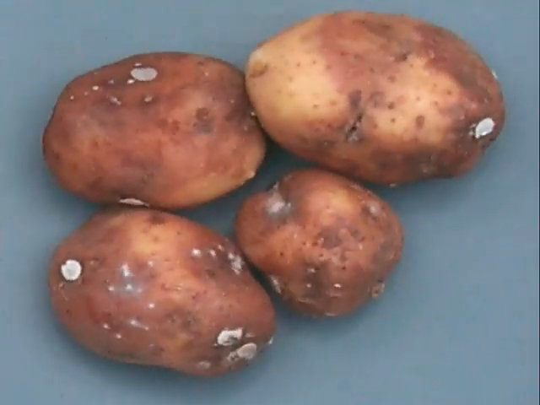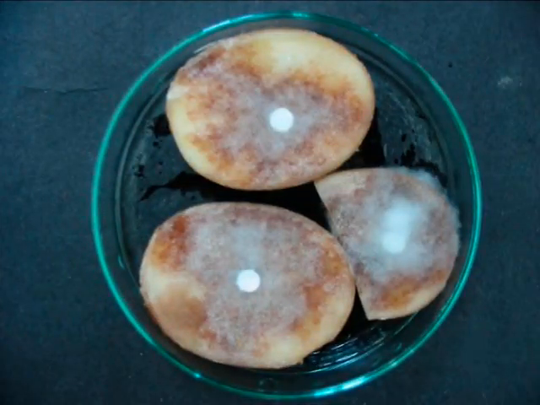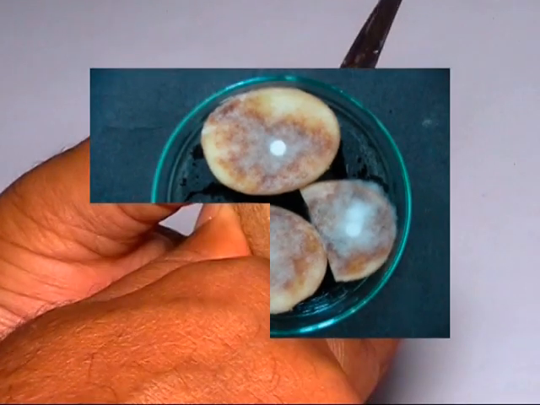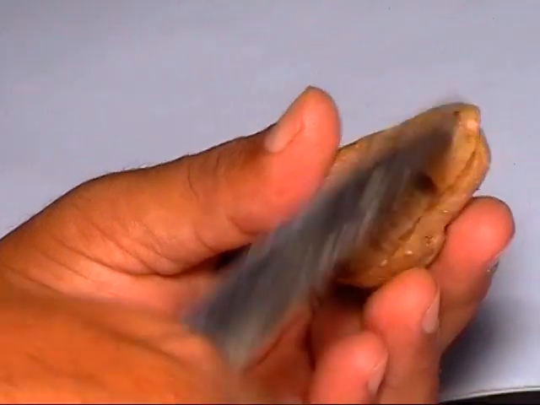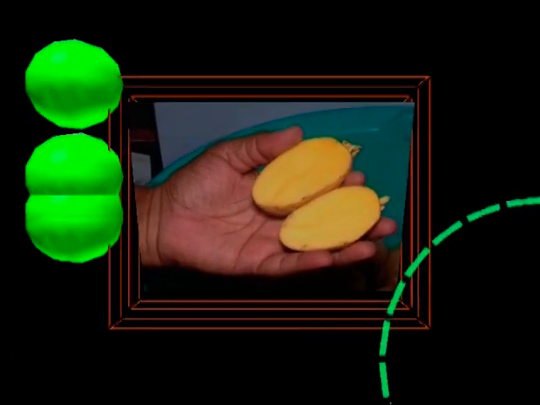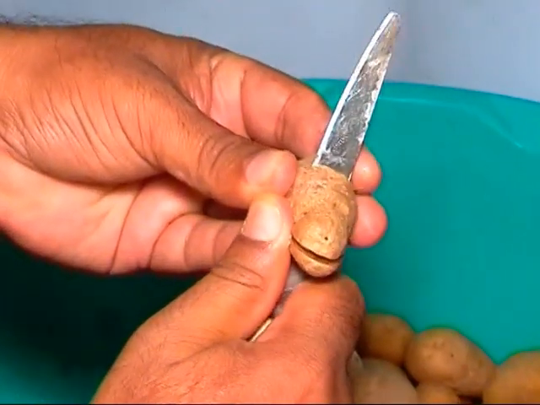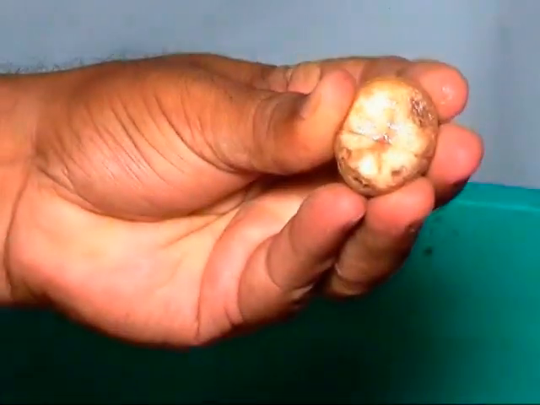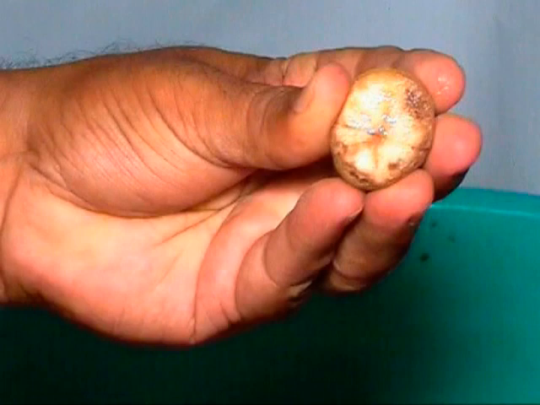The infected tubers show bronzing and rusting discoloration of the flesh. This can easily be seen on cutting the infected tubers. These are the characteristic symptoms of late blight in the tuber, which can be used for identifying and sorting out late blight infected tubers at the time of planting of the crop.